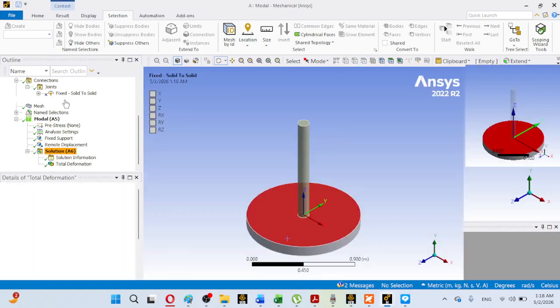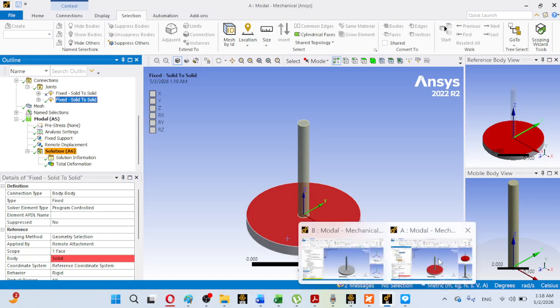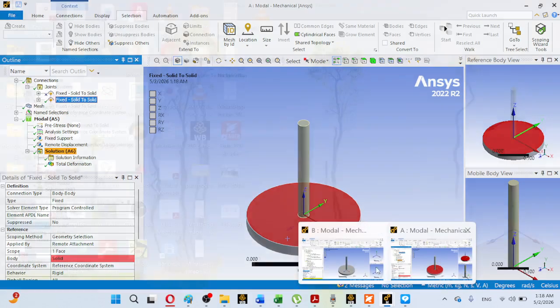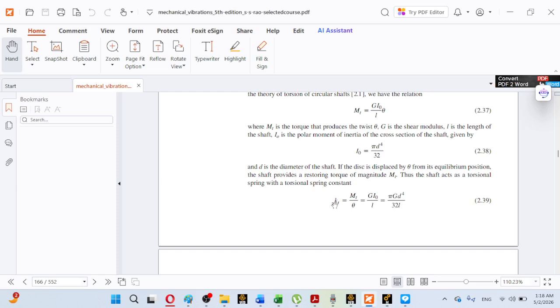So the value for torsional stiffness was not used, but in this case it is very, very important that you input the torsional stiffness value as calculated. And remember that it will be calculated with this formula.